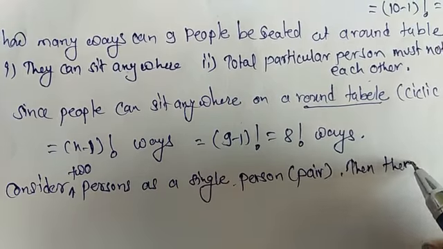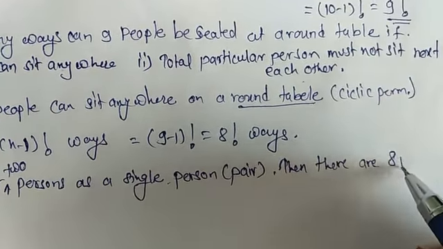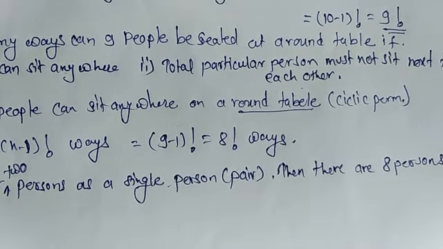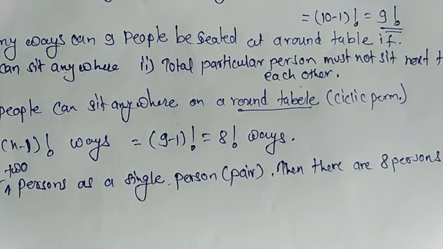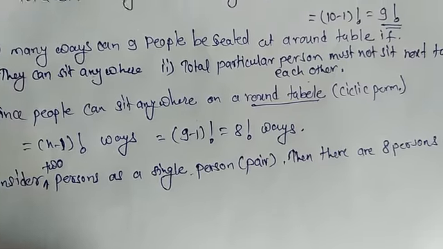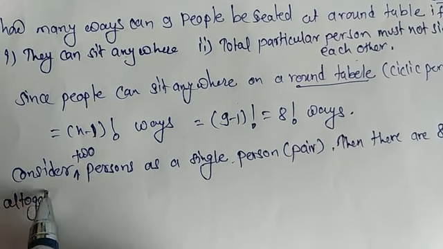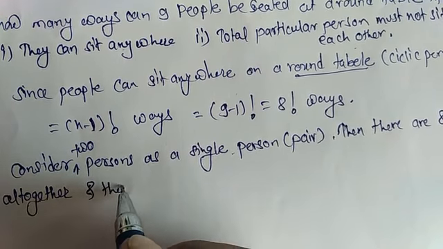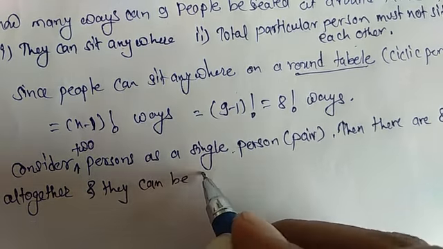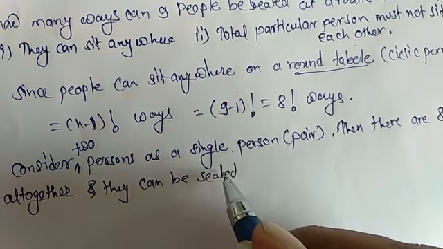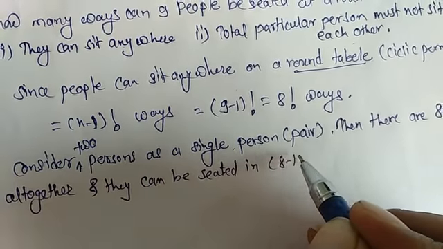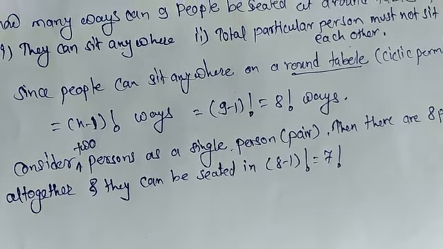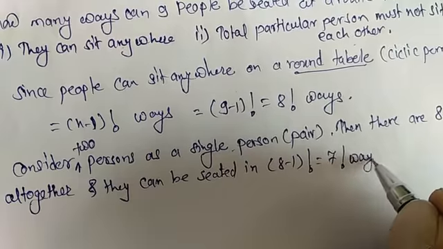Then there are 8 persons all together, and they can be seated in 8 minus 1 factorial, which is equal to 7 factorial ways.